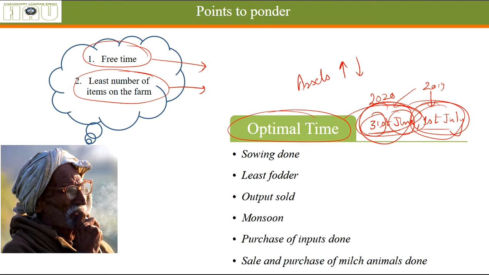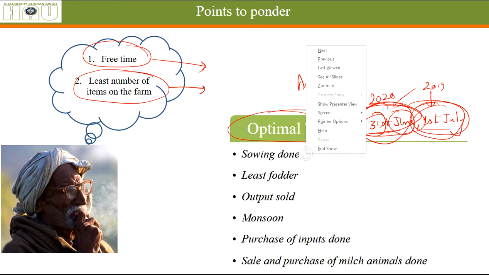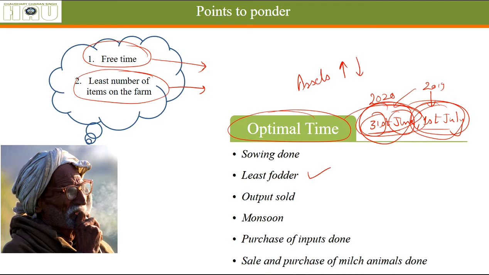Because at this time our monsoon has already started, and sowing of kharif crops has already been done, be it paddy, be it cotton. Least amount of work is needed. Output of previous crops has already been sold, and the monsoon is on the set, so irrigation tasks are kind of nil.